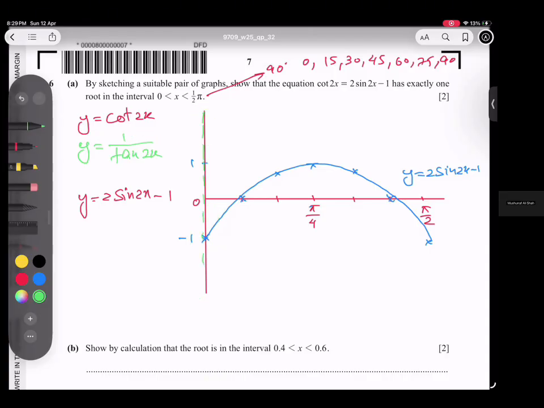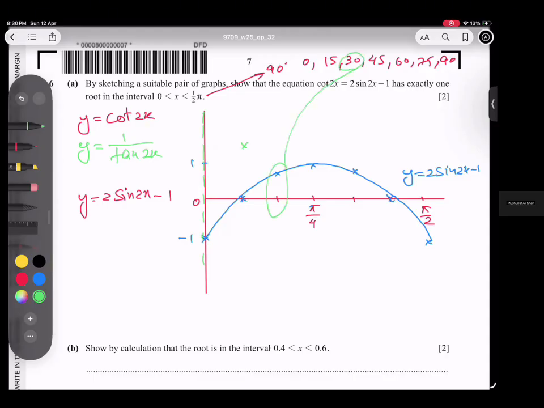When I type in the calculator 1 over tan of 2 times 15, I get root 3, which is 1.7321, somewhere here. So this point. Next number is 30 degrees.